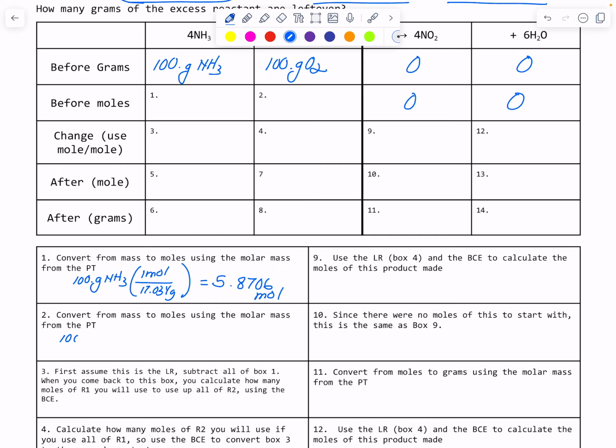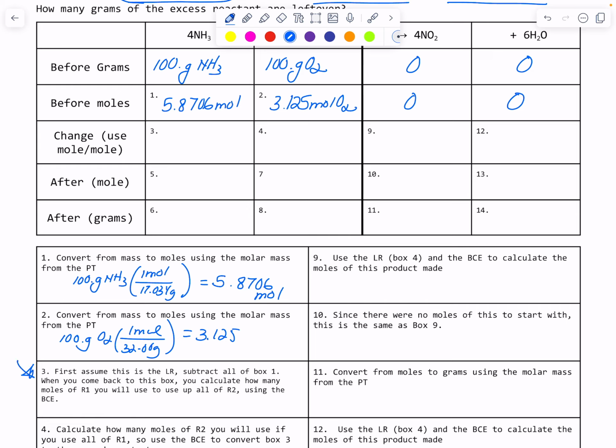And I would start with my 100 grams of oxygen, and that would be 3.125. So I start with 3.125 moles of oxygen and 5.8706 moles of ammonia.